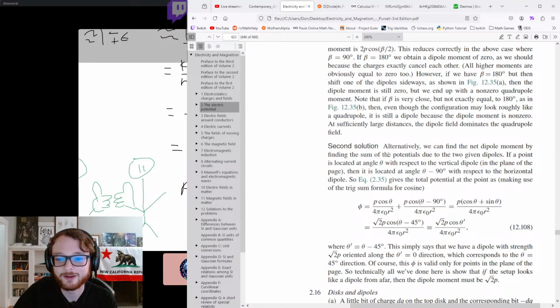It is the hard way. Is that what we did? Yeah. It is the same exact cosine plus sine issue that gives you a root 2 factor. And theta prime is theta minus 45 degrees.